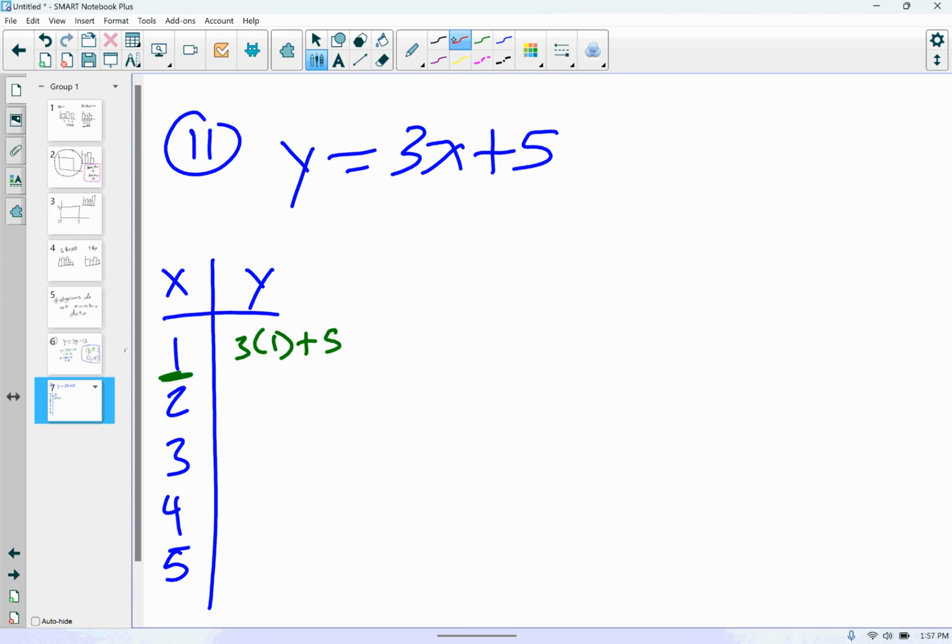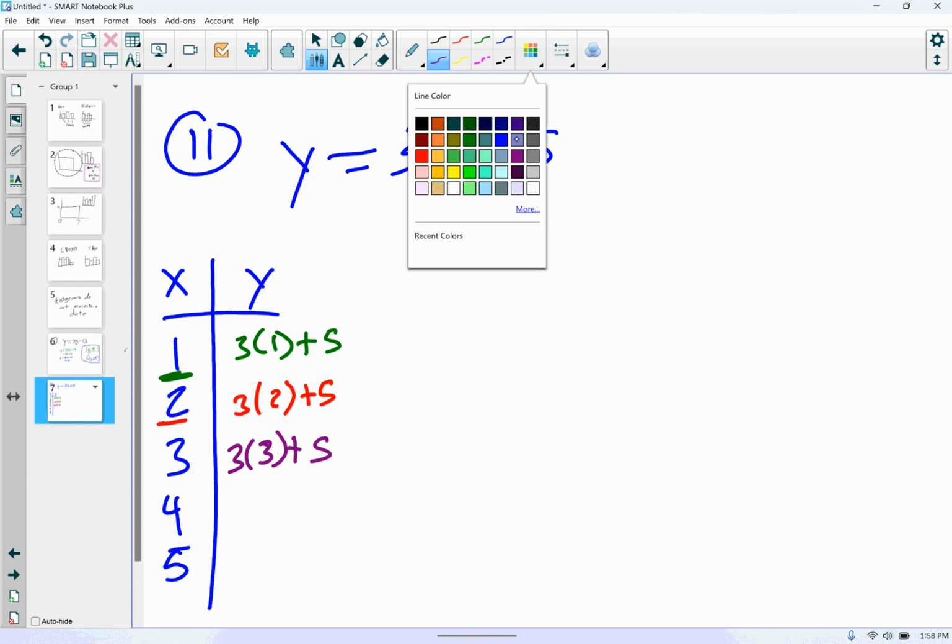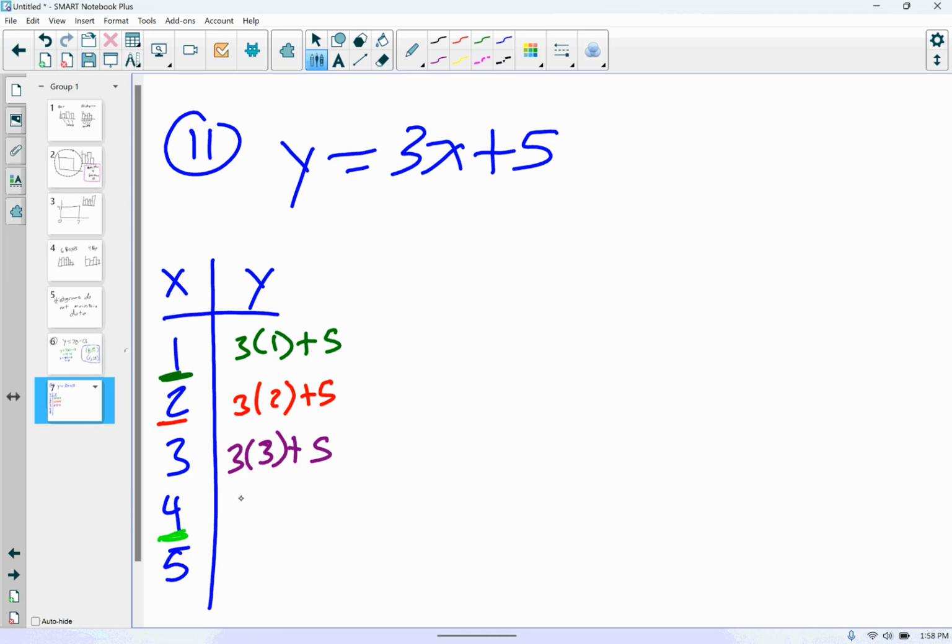Let's do this one in red. Let's do this one in purple. Let's do this one in a really fun neon green. And then let's do this one in a pink.